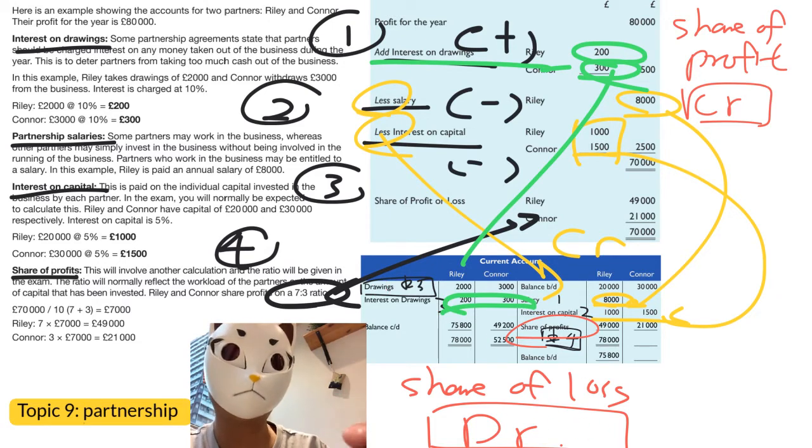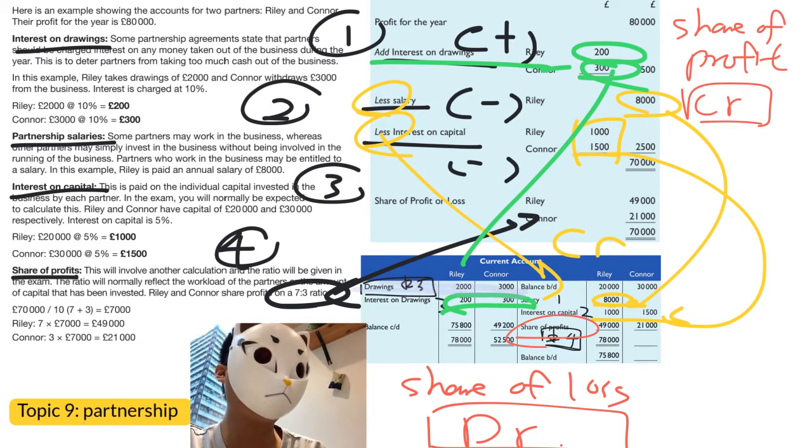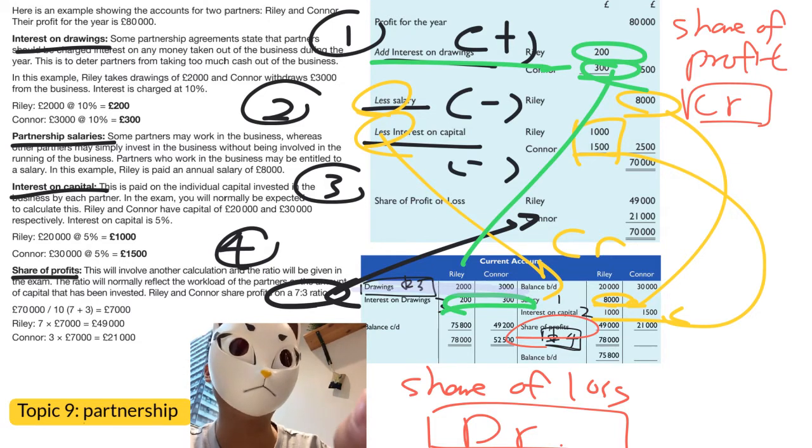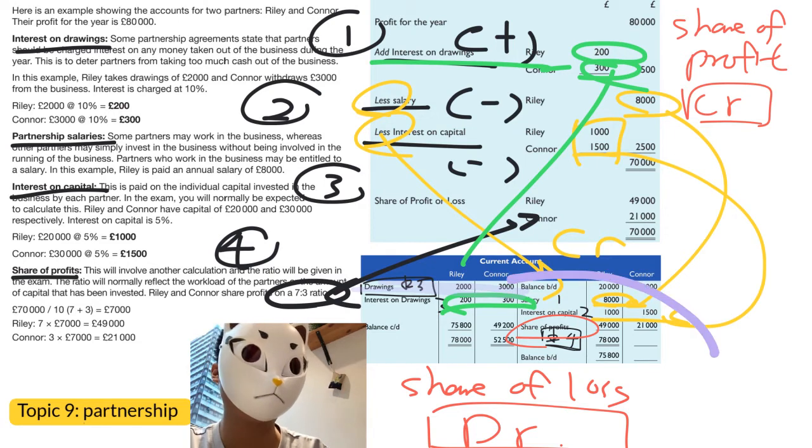The last difficult item lies in the drawings. You have to put the total amount of drawings in the current account. A lot of students omit this one. It's not just about the interest on drawings, but also the total amount of drawings.